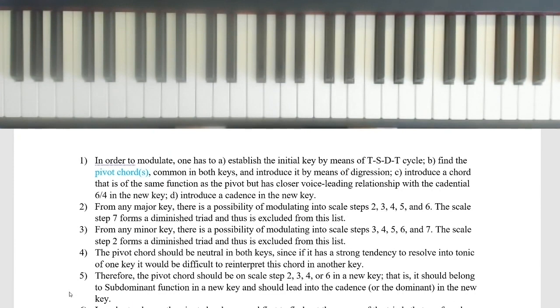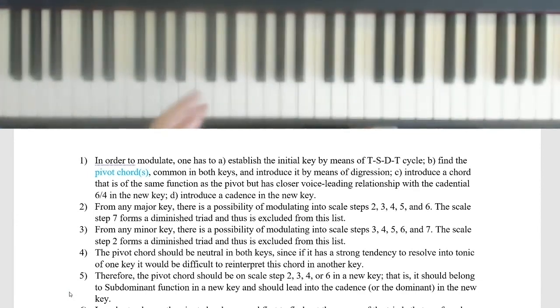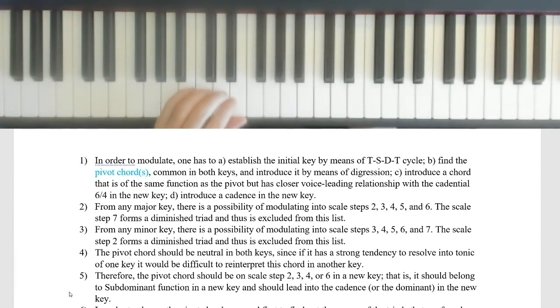Therefore, the pivot chord should be on scale steps 2, 3, 4, or 6 in the new key. These are neutral sonorities, very commonly used in modulation as pivot chords. So it belongs mostly to a predominant or subdominant function, and sometimes it can be a tonic of a new key, but it's less desirable.